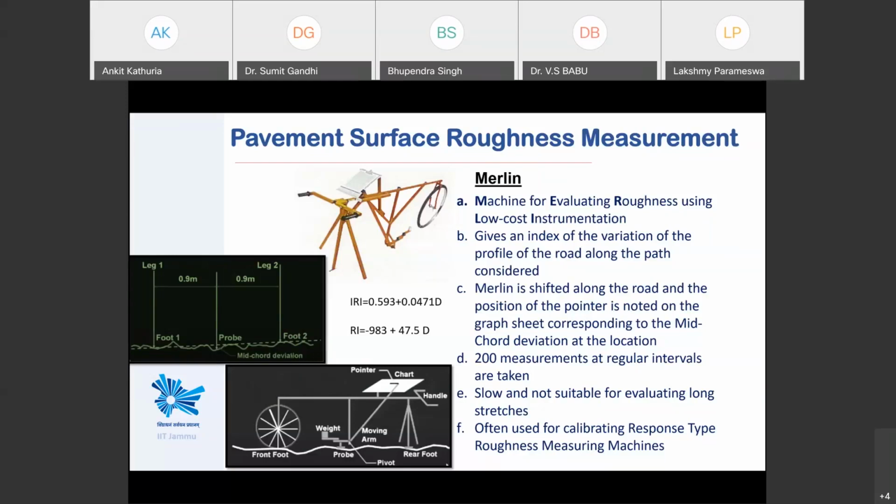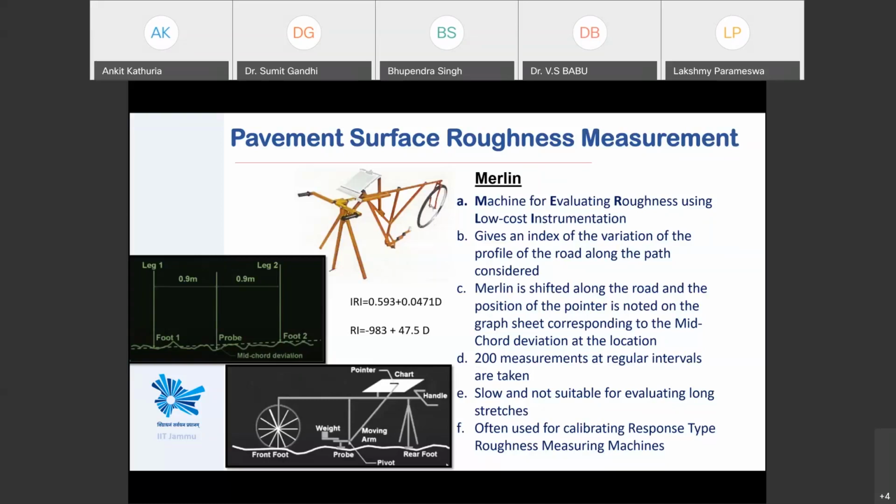Now this D value is given in mm, and there are relationships which have been developed. There is a relationship of the unevenness index or roughness index with the D value, which is the Merlin scale value, and also some relationships are developed with the IRI value, which is the International Roughness Index.